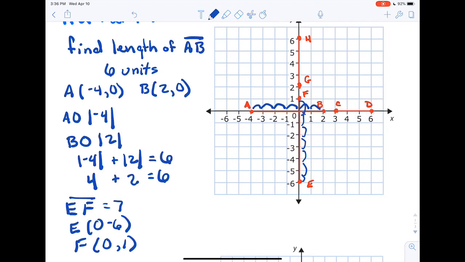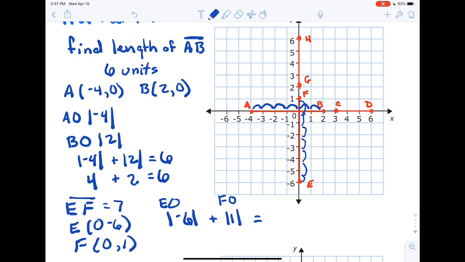So you think about E. Well, the X coordinates are the same. So it's going to be a line on that y-axis. So you can take the absolute value of -6, which is the length of E to the origin, and you can add it to the absolute value of 1, which is F to the origin.